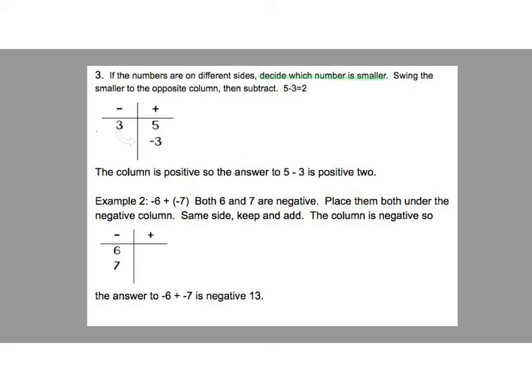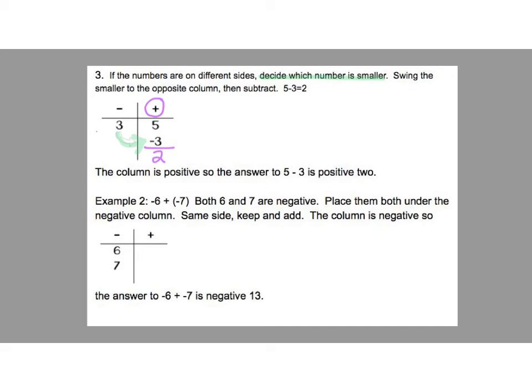So in this example, the 3 was smaller than the 5, so we swung the 3 over to the right-hand side in our positive column, and we subtracted the 2. When you subtract 5 minus 3, it equals 2. Because this 2 is in the positive column, our answer will be positive.